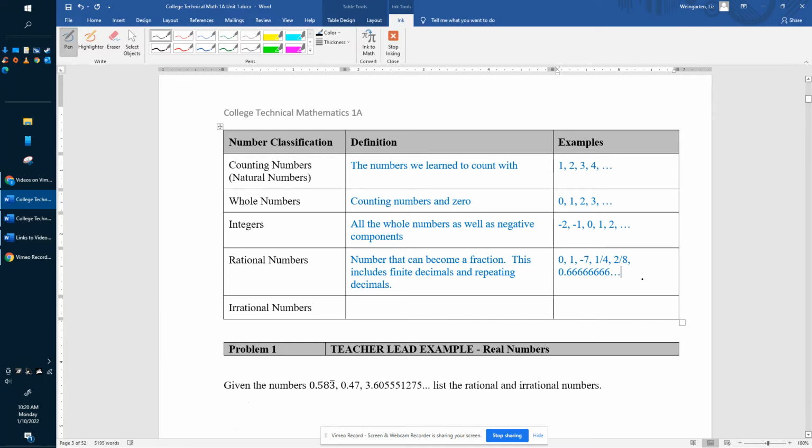So I'll draw one for you. So let's look at 0.1 repeating. So 0.1 repeating, the way it's written here, is the same thing as saying 0.111111111 ad infinitum.